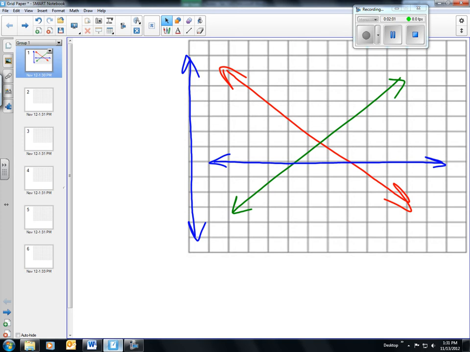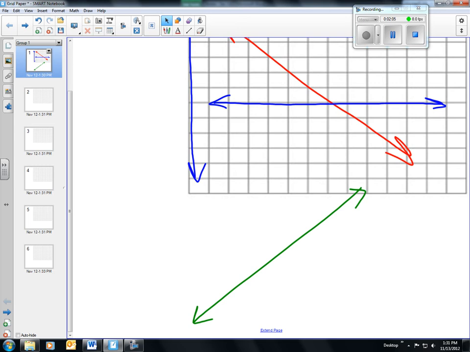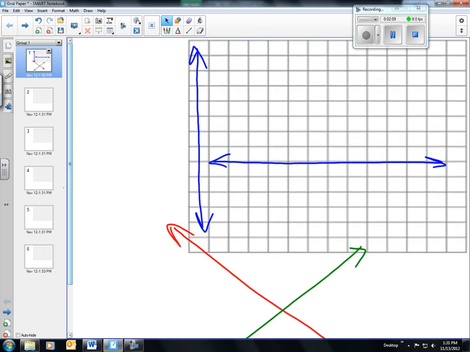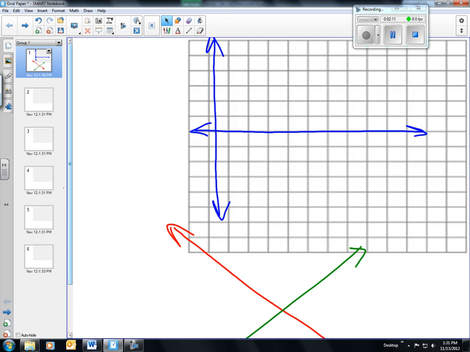Here, if we're looking at two lines, let's just say we have the two blue lines here, for example. We have a vertical line here and then a horizontal line here. We can see that these two lines will intersect each other.